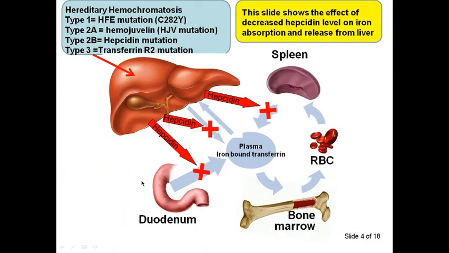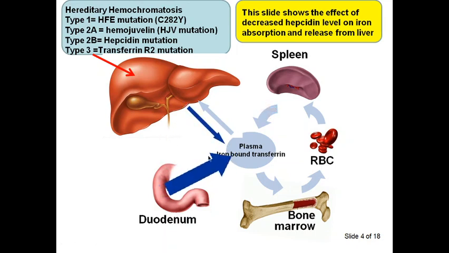This figure shows the effect of decreased hepcidin level, as in type 1, 2A, 2B, and 3, on iron absorption and release. Let us notice here, when hepcidin is decreased or mutated, there will be increased absorption and release of iron to the plasma, where the iron will bind to transferrin, causing increased transferrin saturation percentage.